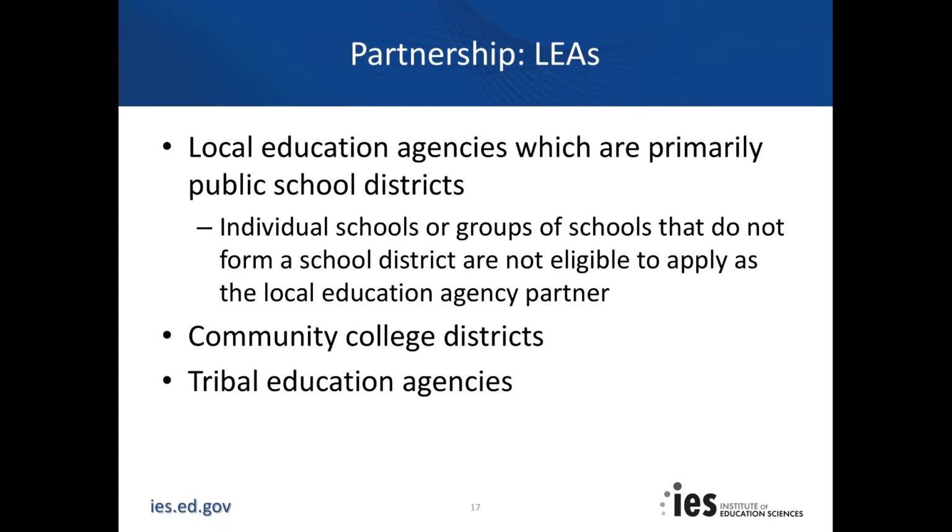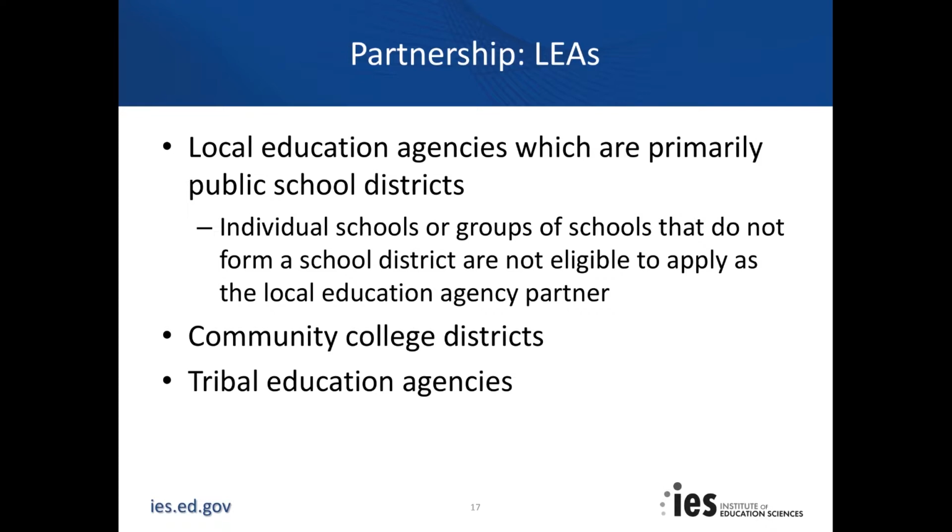Turning to LEAs, there are a number of different organizations. For example, local education agencies, which are primarily public school districts. Individual schools or groups of schools that do not form a school district are not eligible to apply as the local education agency partner. It also can include community college districts or tribal education agencies.